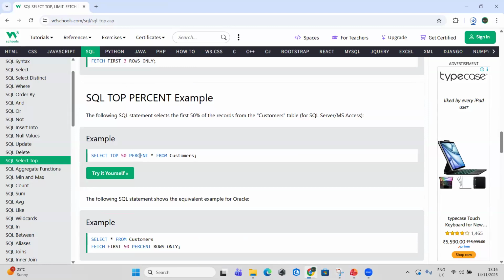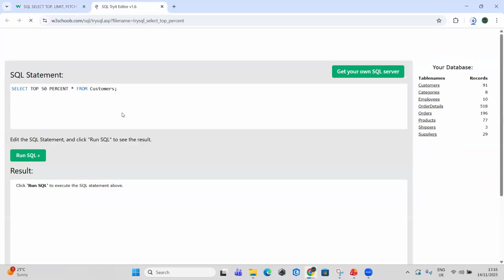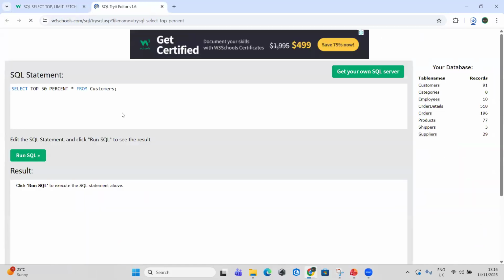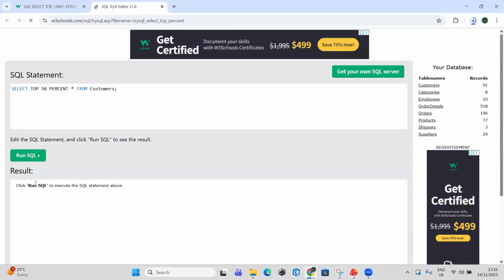Now you can also give this in the form of percent. Select top 10 percent. For example, you have 20 entries. What is 50% of 20 entries? 10, so you'll get 10 results.